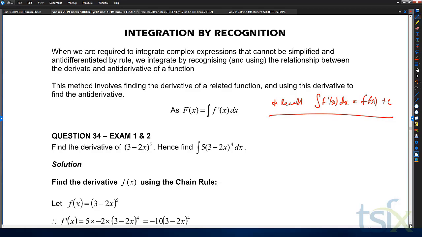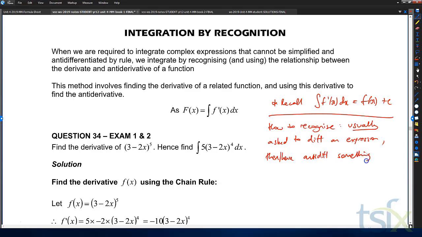How do you recognise these questions? I know we've got a bit of doubling up here, saying how do you recognise integration by recognition, but you're usually asked to differentiate an expression, then hence anti-diff something you can't do directly.